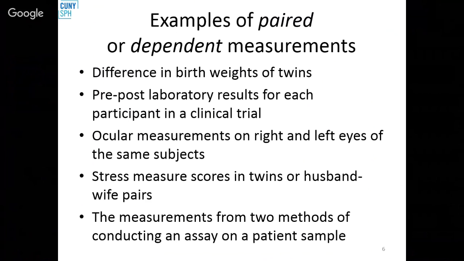Left and right eyes of the same subjects. Stress measure scores in husband-wife or twin pairs, or measurements from 2 methods of making a measurement on a single sample. These are all examples of paired measurements because there's something connecting the 2 measurements, whether it be a patient or a specimen.